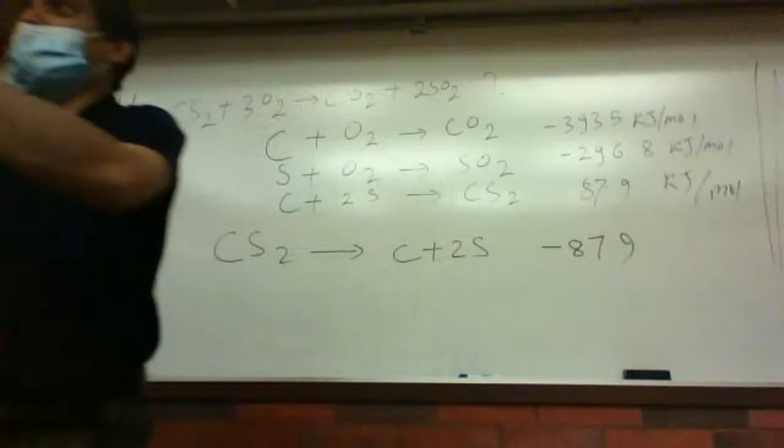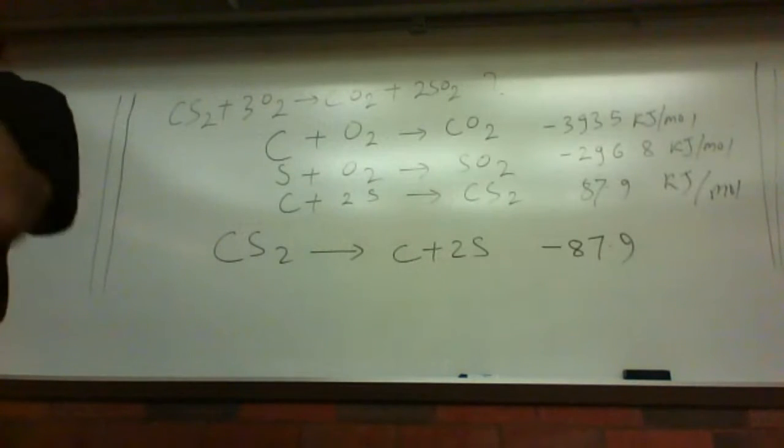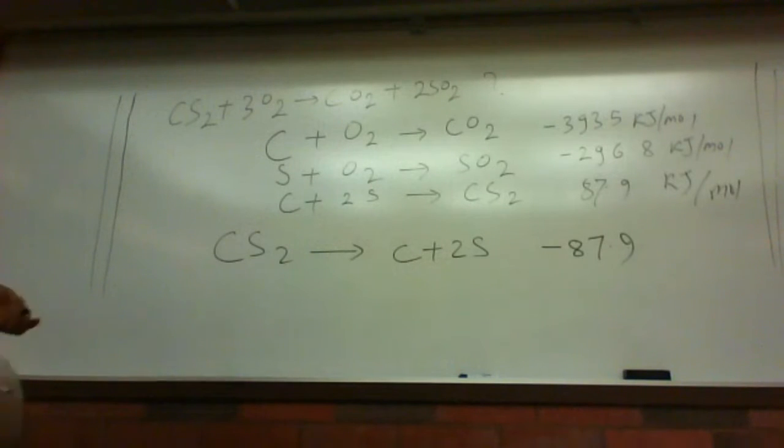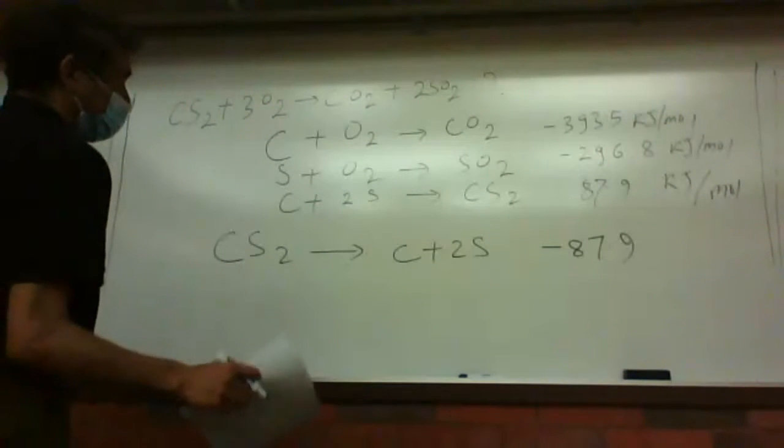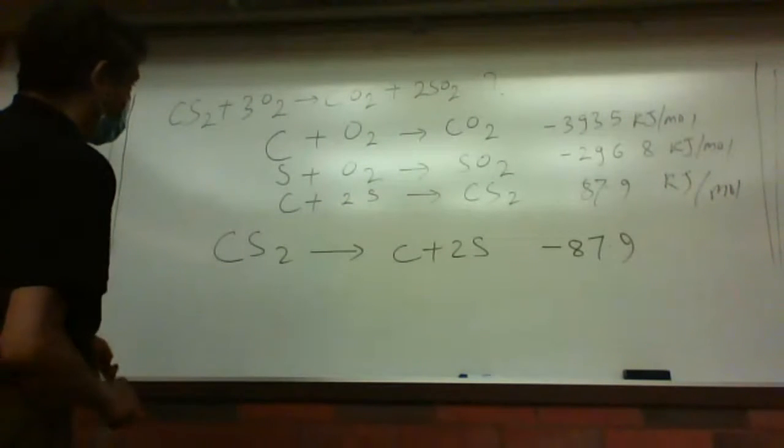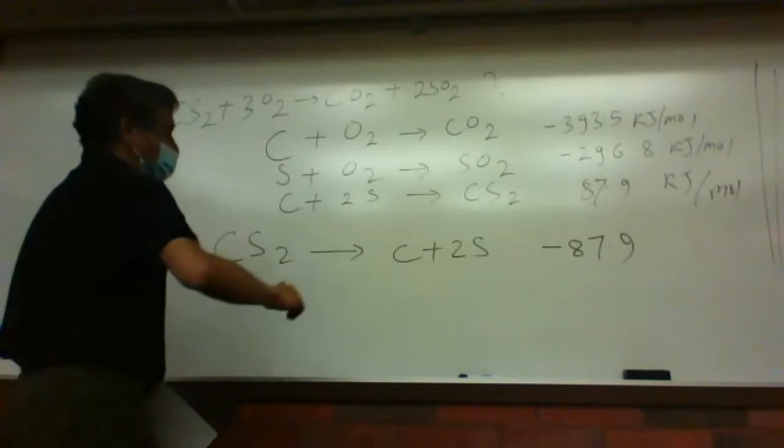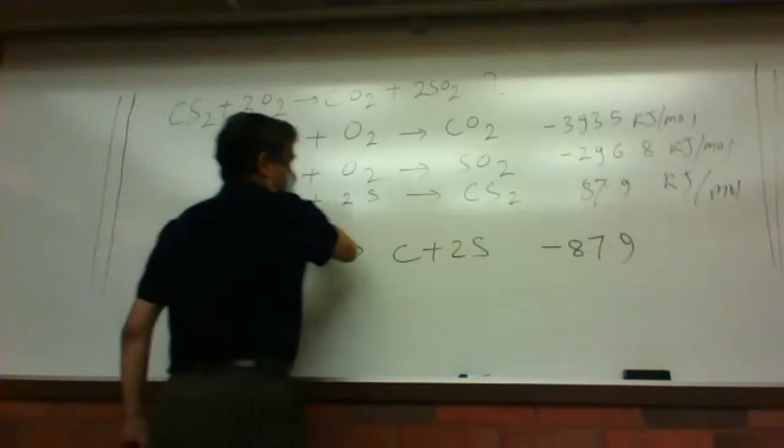If you flip the reaction, the sign of the heat also flips. If it is a plus, it becomes minus. If it is a minus, it becomes a plus. So I'm done with this one.